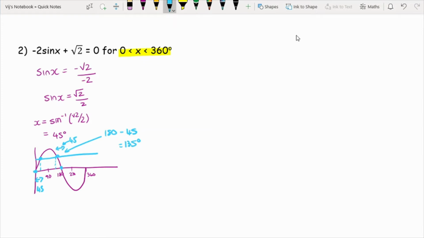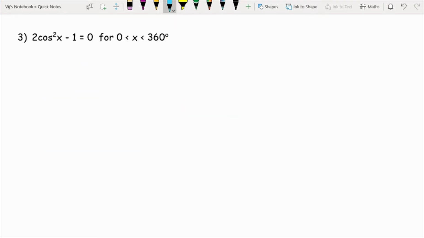So my answer for this question is going to be x equals 45 degrees and 135 degrees within the range, and that's all to 0 decimal places. Now I don't need to worry about rounding because they were exact values, so we can go on from there.